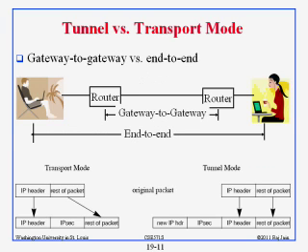Basically, there are two situations. One situation is where one user wants to talk to the other user with end-to-end security. In this case, the original header will be put inside and sent through these routers to the other side, and that would be called transport.